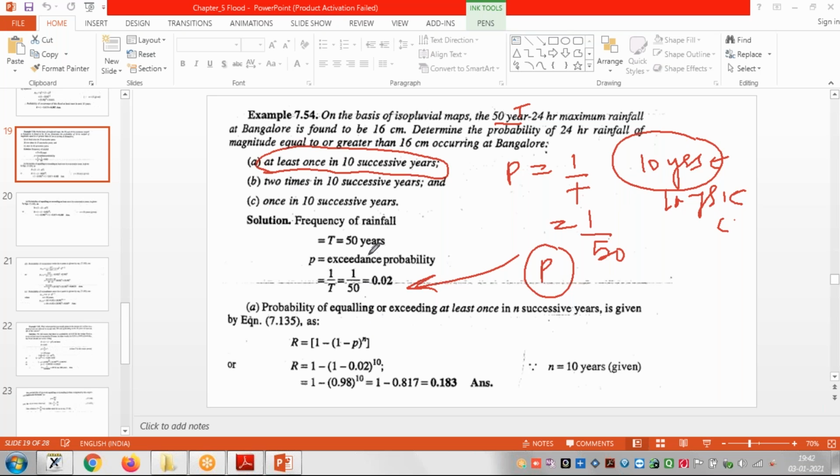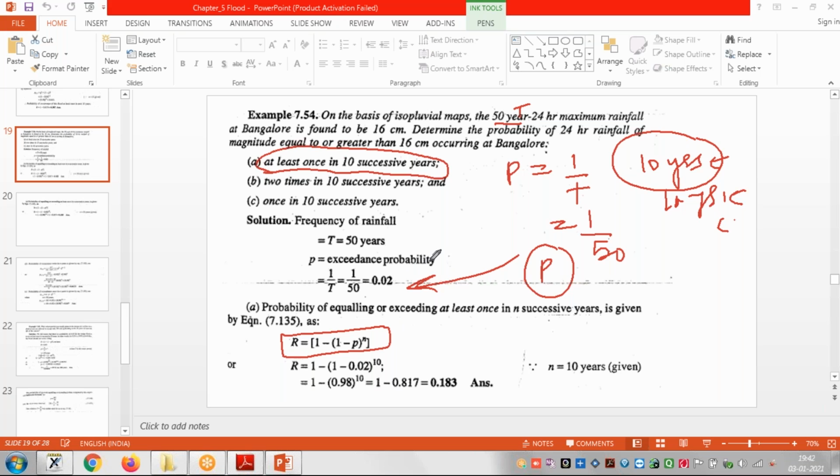For this they use the formula R is equal to 1 minus (1 minus p) raised to the power n. This is the formula for risk.